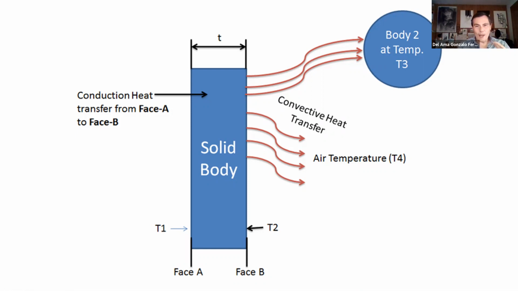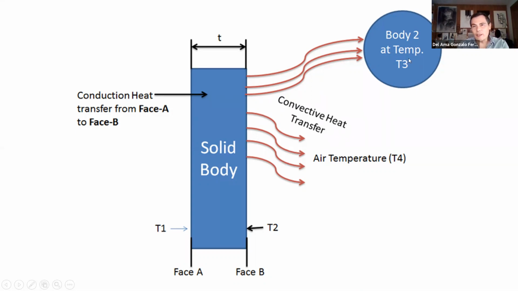Okay, so we have three different ways, and we always have three different ways in buildings. We have conduction through the wall, if we have two phases at two different temperatures. We have convection, if we have air and the air temperature is different from the wall temperature, and it's always different.